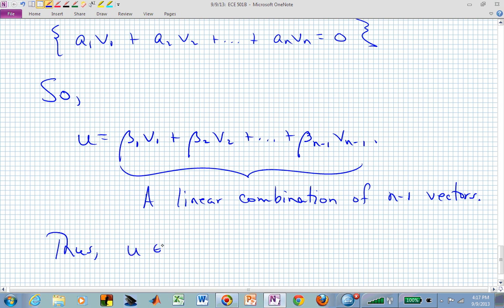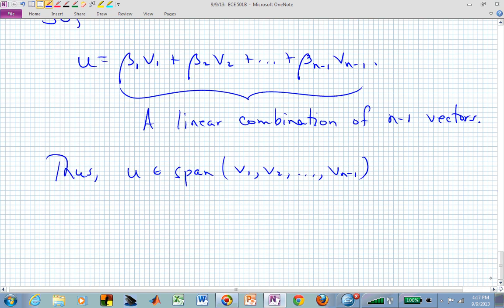Which says that u can be written in terms of v1 through v sub n minus 1, but we didn't really uniquely identify u.